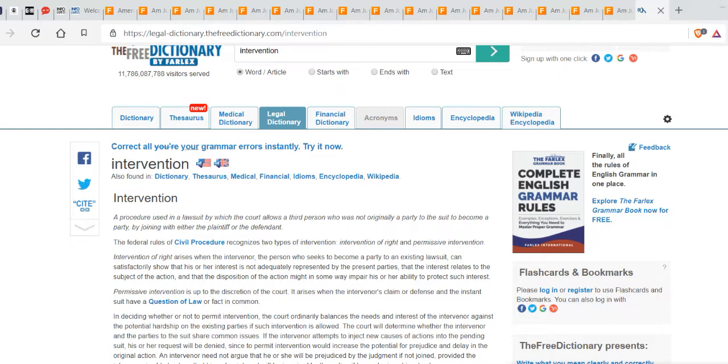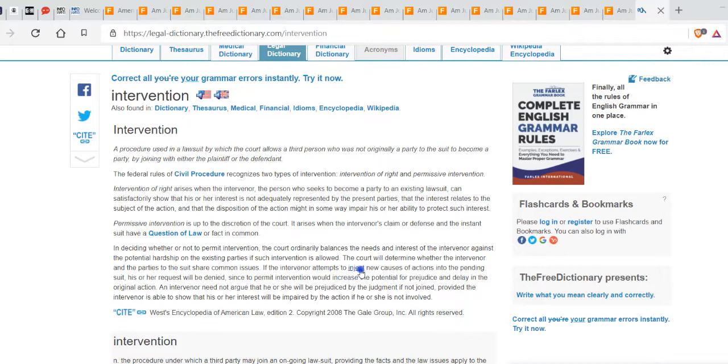So, like I said, I didn't know what intervention of right meant, and so I looked it up, and that kind of sounds like a third party can come in as, like an example would be, the authorized representative of the defendant.